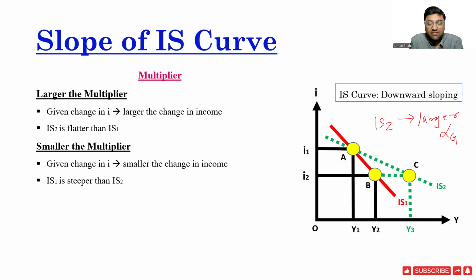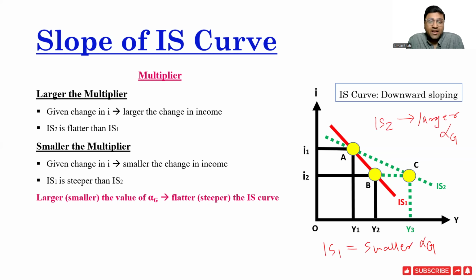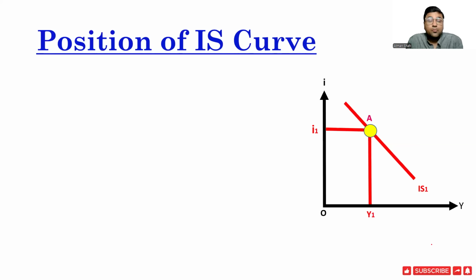And therefore, we have the IS1 curve. So here the IS1 curve is associated with smaller alpha G. So that means the larger the value of alpha G, the flatter the IS curve, or the smaller the value of alpha G, the steeper the IS curve.